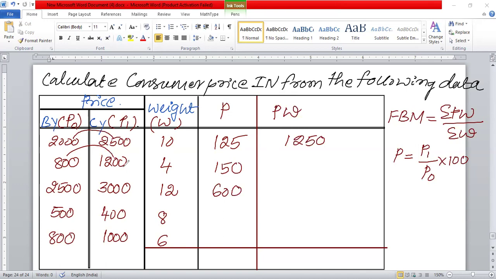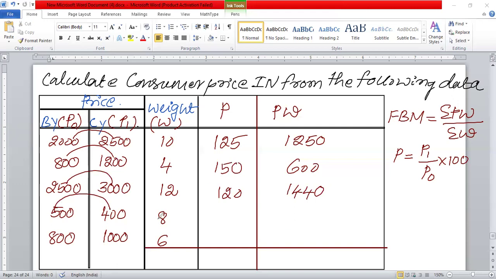3000 divided by 2500 into 100. So 120. So 120 into 12. So 1440. Then 400 by 500 into 100.